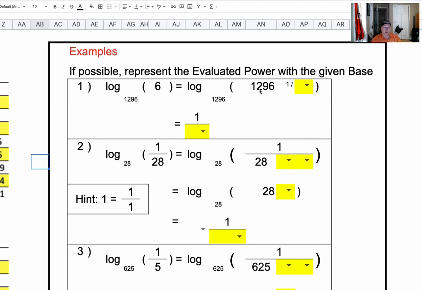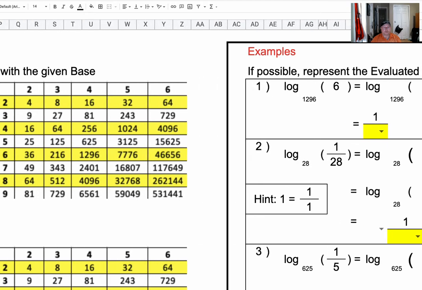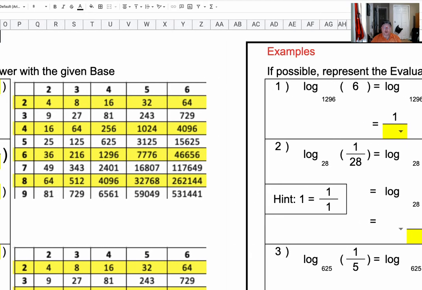So what exponent do I put on 1296 to make 6? Let's go over to our chart. I have a base of 1296 and I'm going to make 6. So I go out here, 1296.